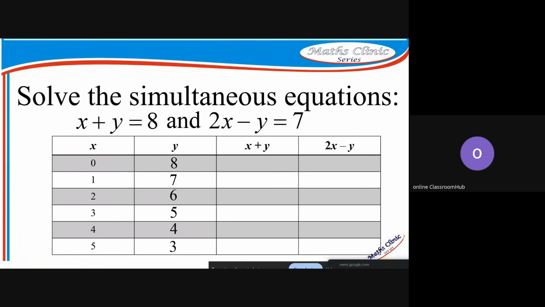Now we are going to put these into the equations to see whether they satisfy 8 and 7. When you put 0 and 8 into the first equation, you get 8, which satisfies it. Is it going to work for the second one? The second one is supposed to be 7, but here you are getting -8. So it means that 0 and 8 doesn't satisfy the simultaneous equations. It is supposed to satisfy both equations, not only one.